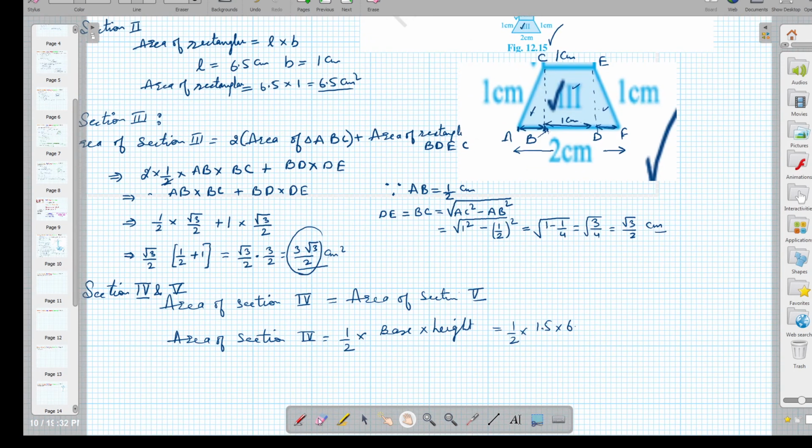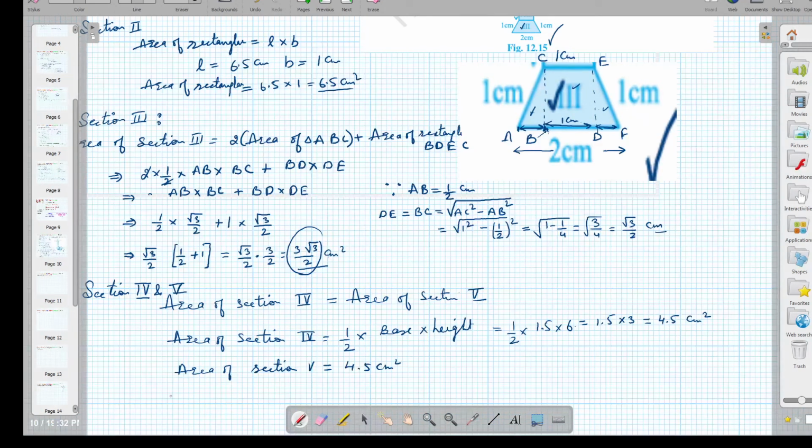So that is 1.5 into 3. So that is 4.5, right? So that is 4.5 centimeter square. So that is this one. So now the area of section 5 is also the same. So this is 4.5 centimeter square.